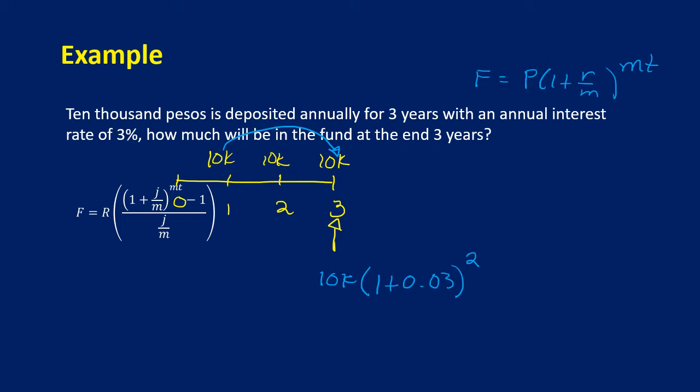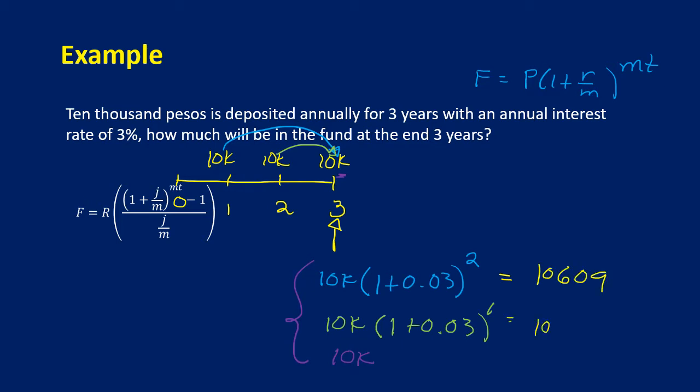Next, your second 10,000, you invested it only for 1 year. And of course, lastly, your 10,000 here. Okay, so we want now to add all of this. So what is 1.03 squared times 10,000? It is 10,609. This is 10,000.